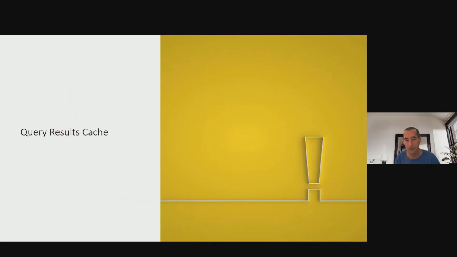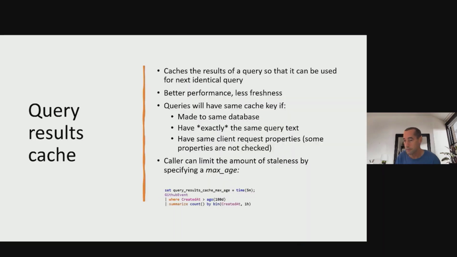Okay, and now to the last feature, which is the query results cache. Query results cache is a feature that is similar to Redis. A few years ago we saw a few of our customers using Redis as a way to cache the results of the queries, and they had to manage both the Redis and the ADX database.